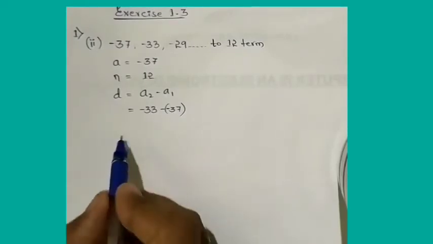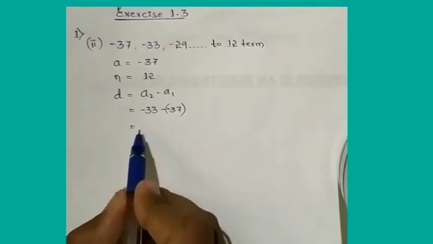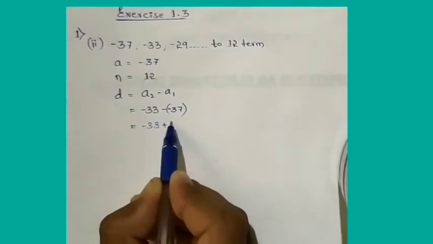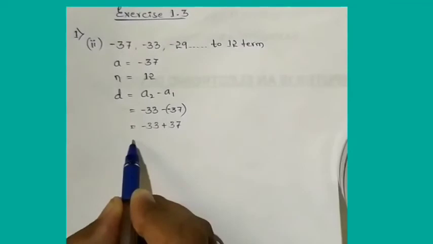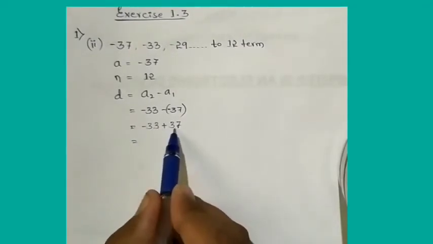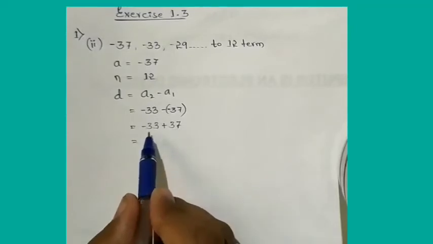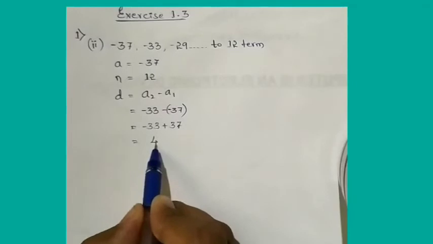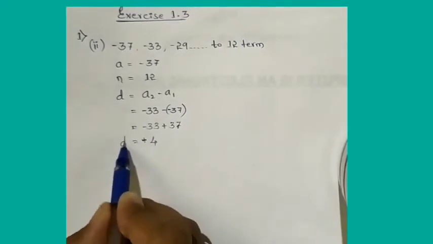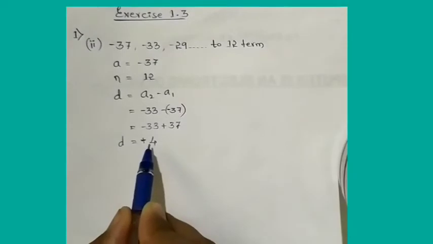Now go with the calculation: minus 33 minus into minus becomes plus 37. Which is bigger? 37 is bigger. From the bigger number subtract the smaller one, 37 minus 33, so you will get 4. The sign of the answer will be plus. So d equal to plus 4.